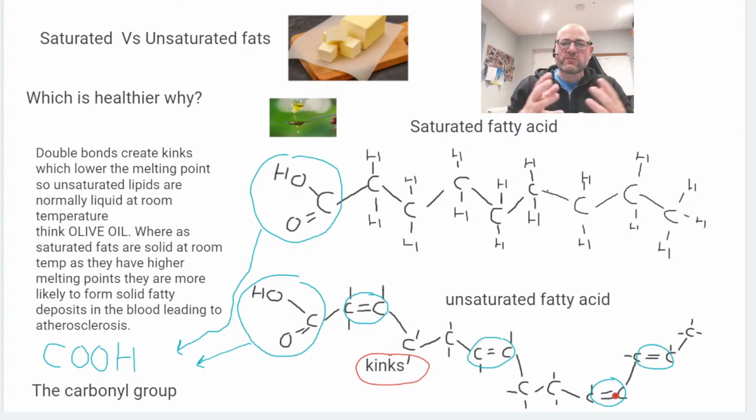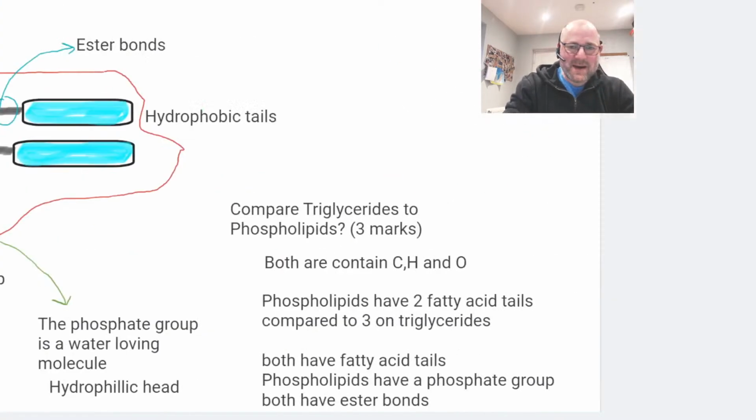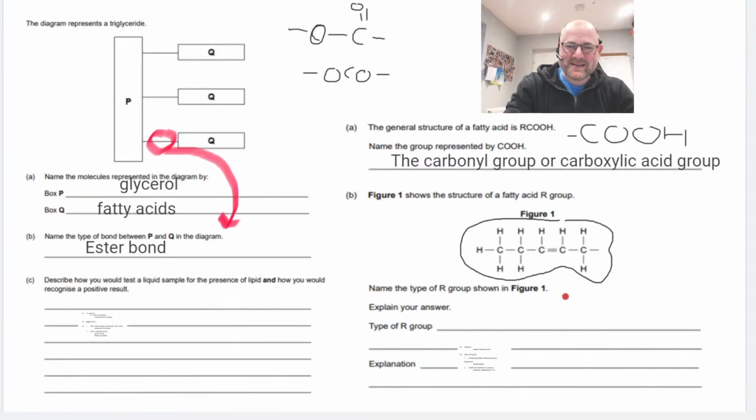So saturated fatty acid tails on your triglyceride, found in butter and cheese and animal products, are more likely to form fatty deposits and lead to heart disease. So yeah, that's a bit GCSE. But if you go back here, is this an unsaturated or saturated fatty acid? That's essentially what it's asking in a sneaky way.